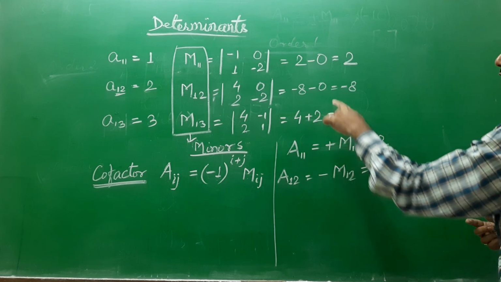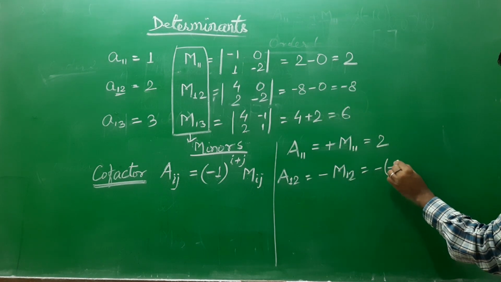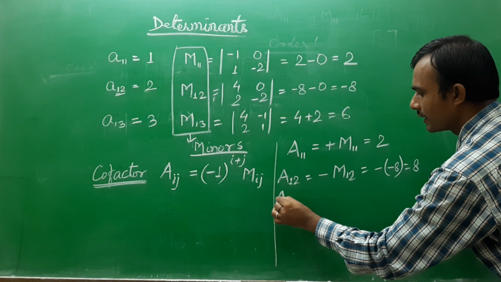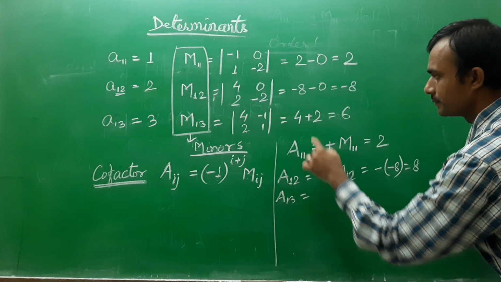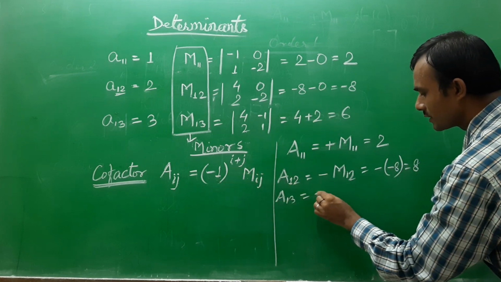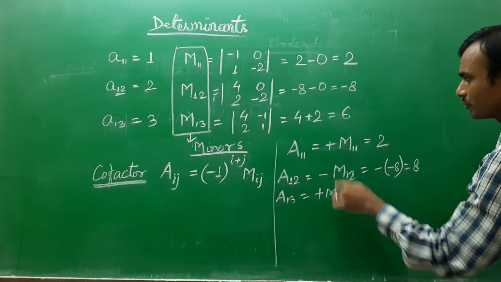We have the value of m12 as minus 8, so this is 8. And now finally a13: 1 plus 3 is 4, so plus m13, and m13 is 6.